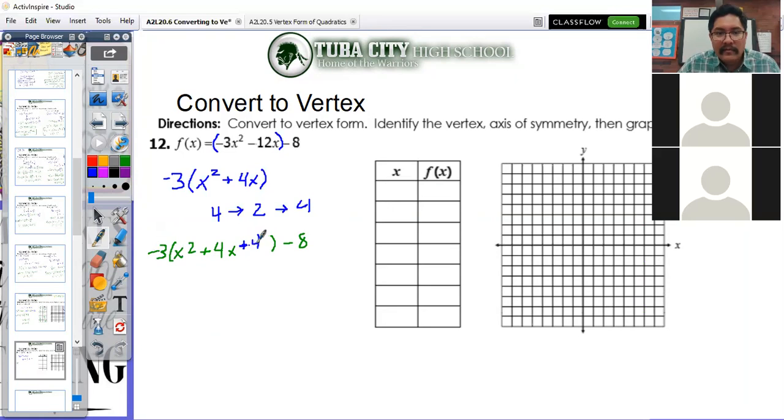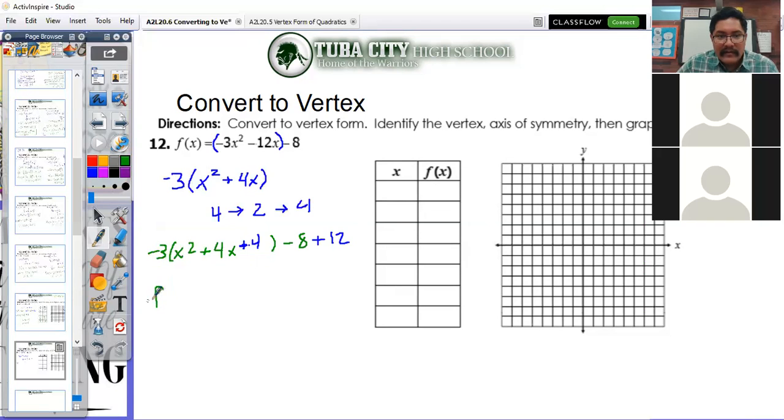But again, we got to multiply this part here. -3 times +4 is -12. So this means that since we're minusing 12 on this side, we're going to have to add 12 here. So again, -3 times 4 is -12. Since we're minusing 12, we got to offset that, balance it back out by adding 12.